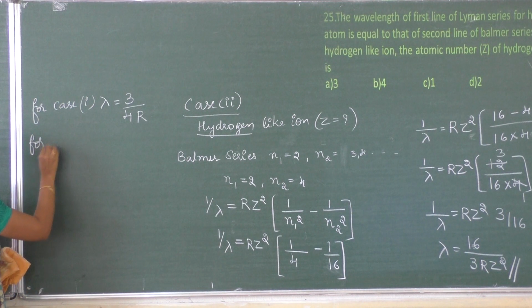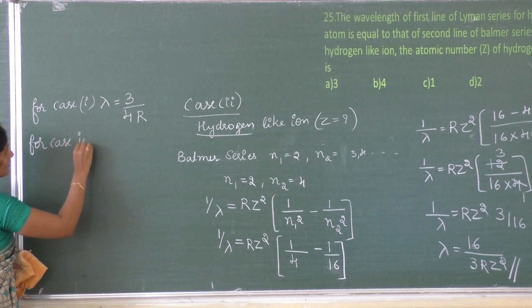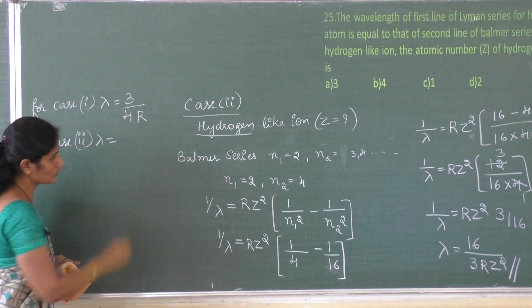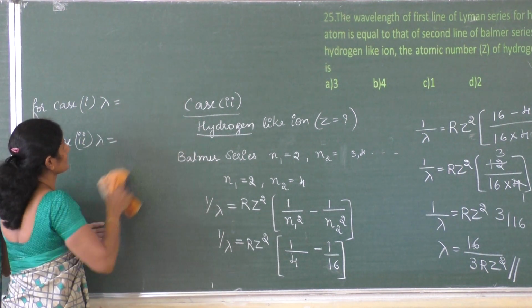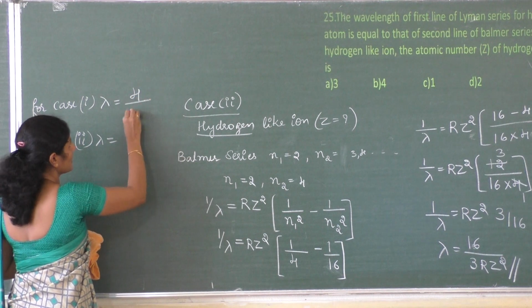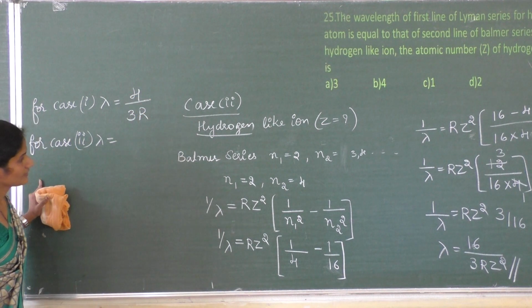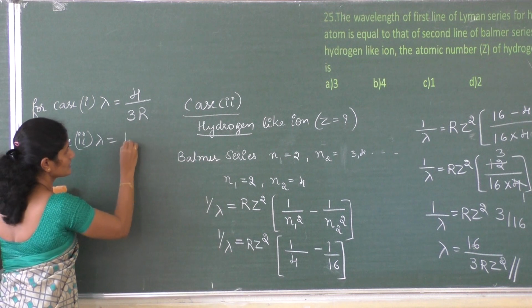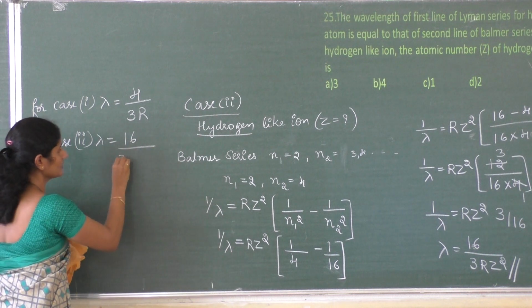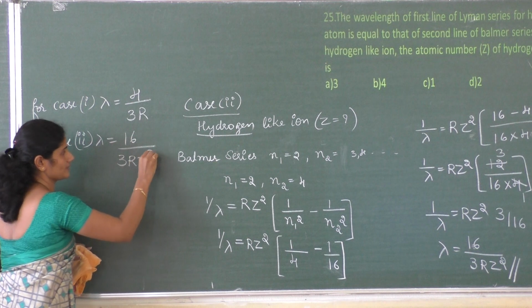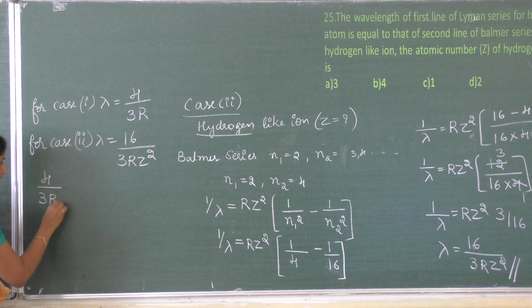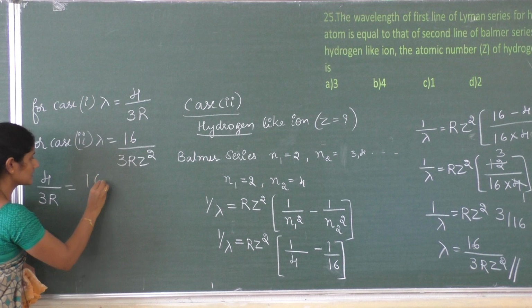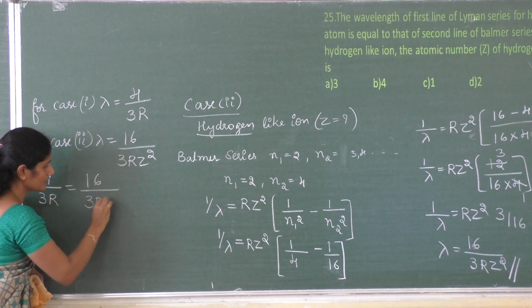Lambda is equal to 4 by 3r. For the second case, lambda is equal to 16 divided by 3r z square. Both the wavelengths are equal. On equating, we get 4 by 3r is equal to 16 by 3r z square.